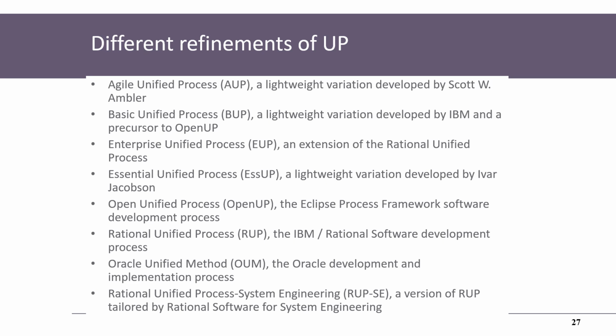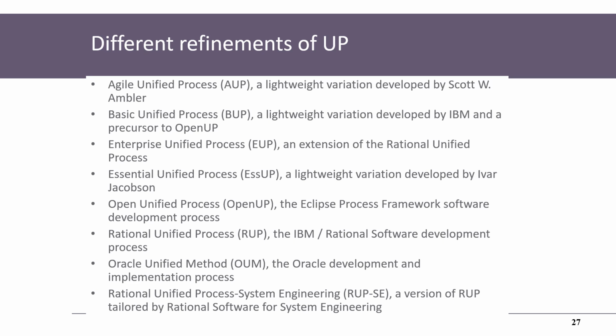We have discussed so far the generic unified process, but there are different implementations when you look at the literature. For example, there are implementations where people discuss bringing agile practices to the unified process, and a very popular one is called the Agile Unified Process from Scott Ambler.